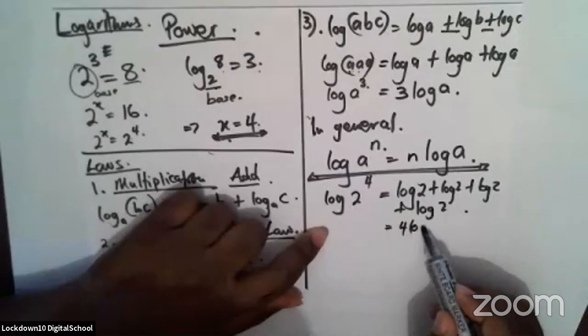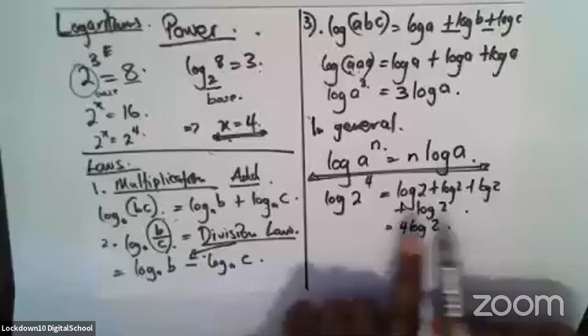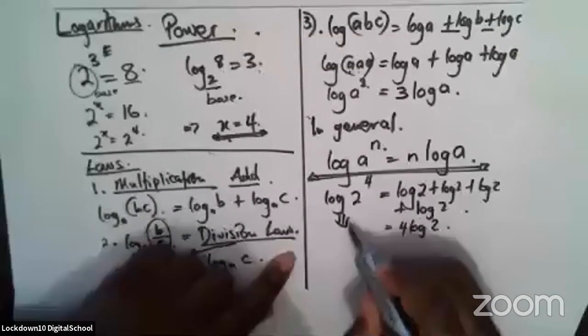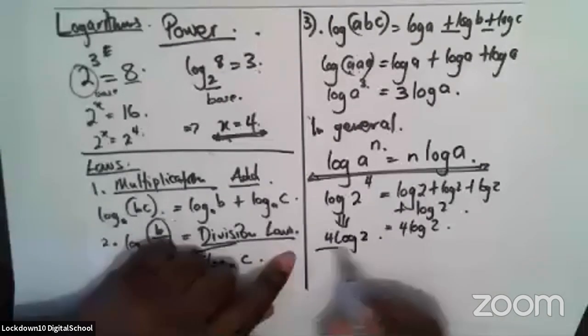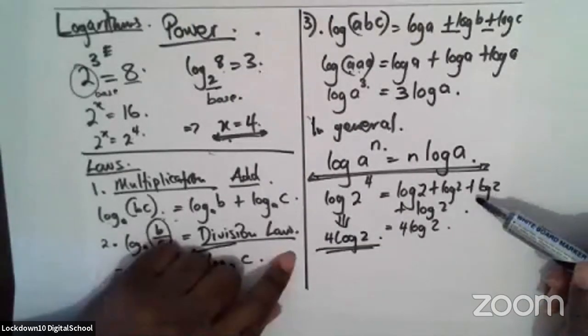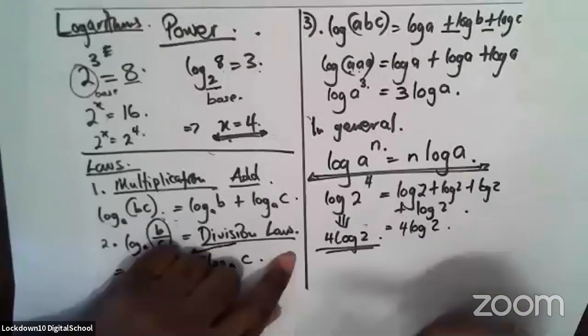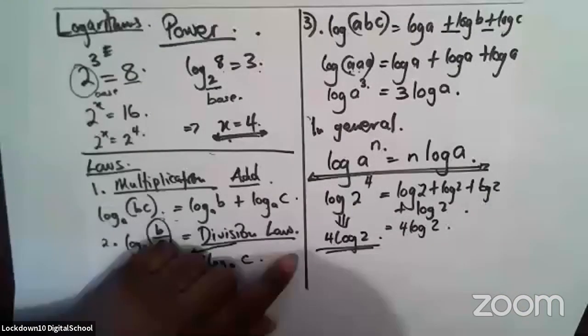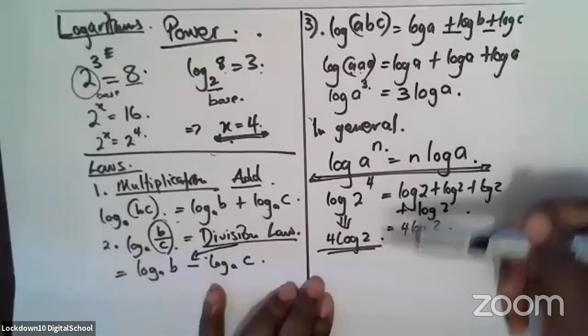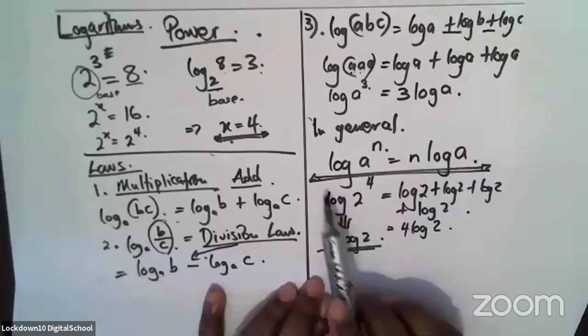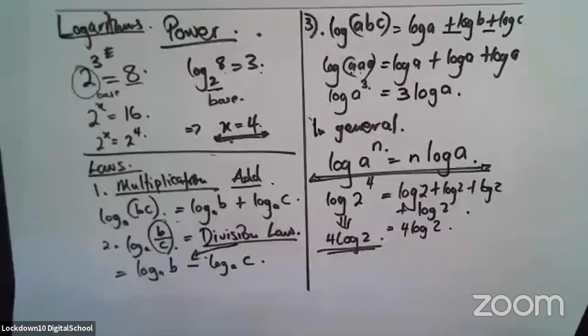But this is a longer process. Instead, I can simply come down and say this becomes 4 log 2 straight, instead of going through the process of expanding. This is a very important law that we will be using to solve exponential functions. So please keep it in mind, or try to memorize it as we are doing examples.